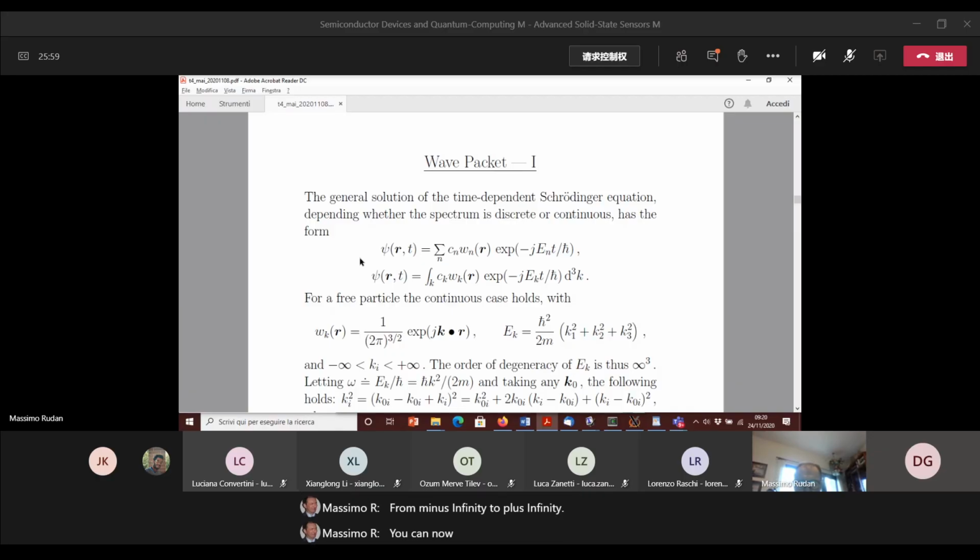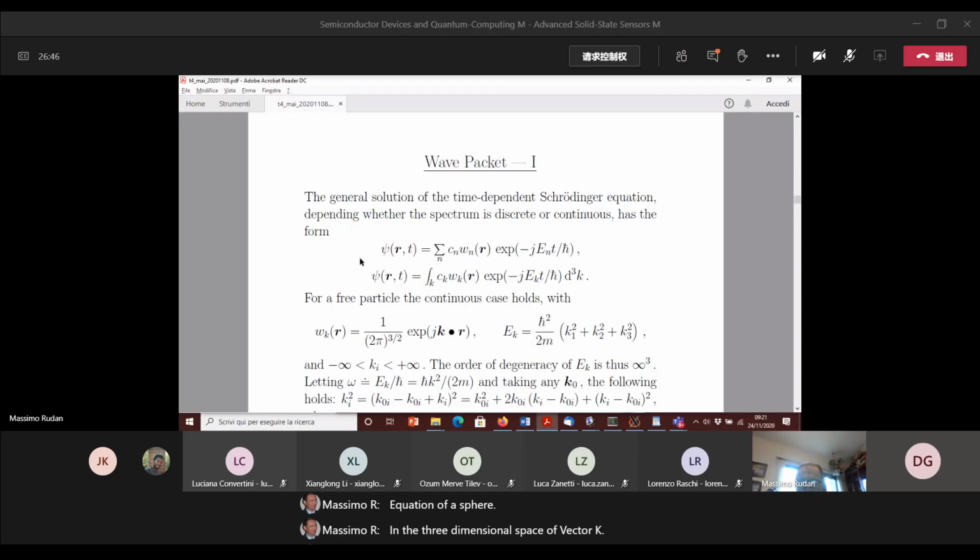You can note that for each value of energy, there is a triple infinity of possible components, K1, K2, K3, such that the expression of the energy in terms of the wave vector applies, because the expression of E sub k as proportional to K1 squared plus K2 squared plus K3 squared is essentially the equation of a sphere in the three-dimensional space of vector k.